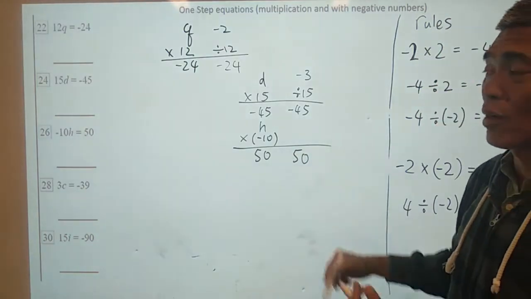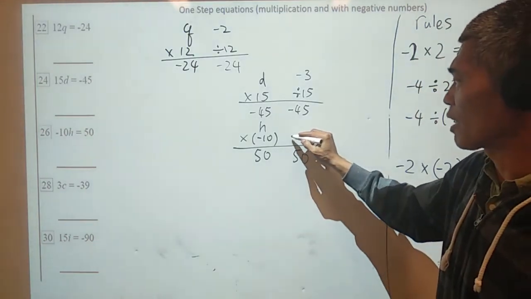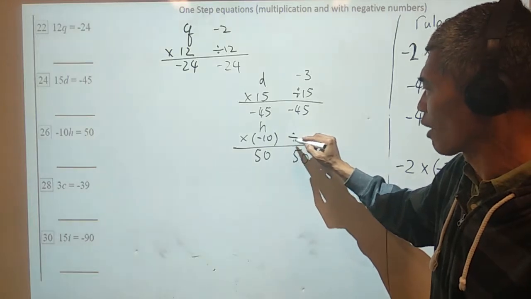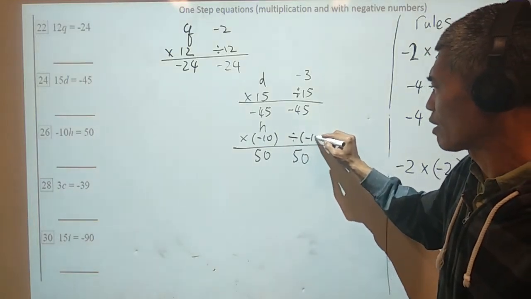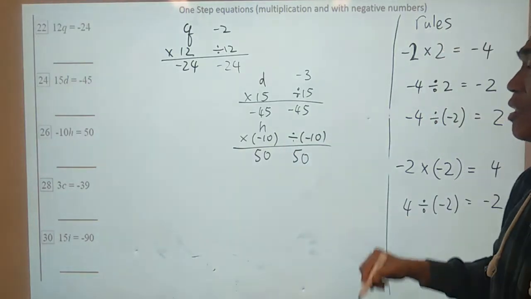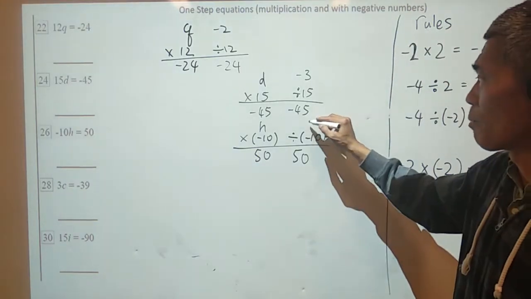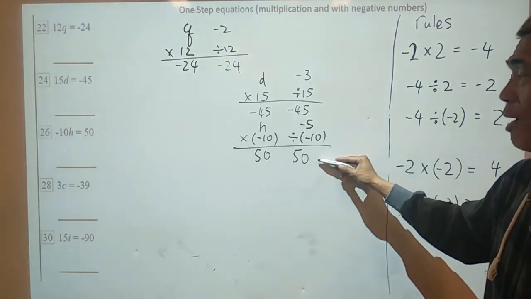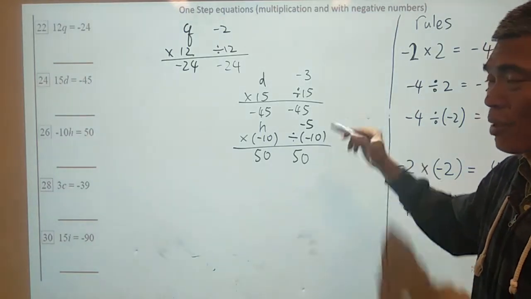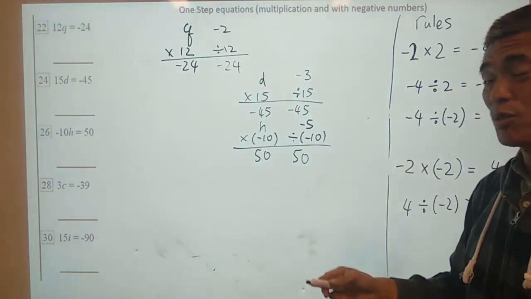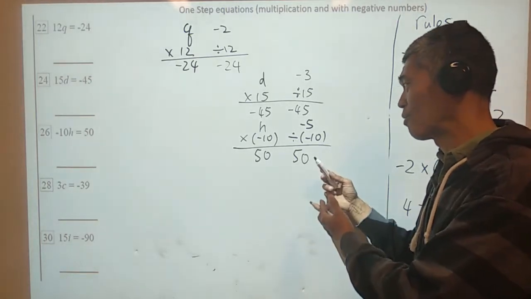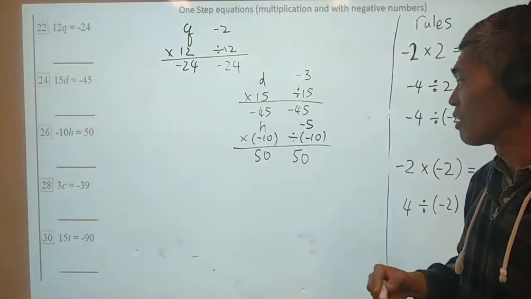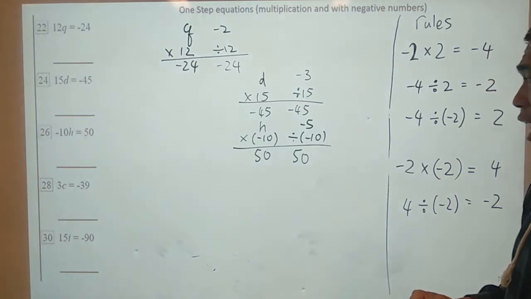Now the opposite of times negative 10 is divide by negative 10. So 50 divided by negative 10 gives you negative 5. A positive number divided by a negative number gives you a negative number. So long as one of the numbers is negative, then the result is negative.